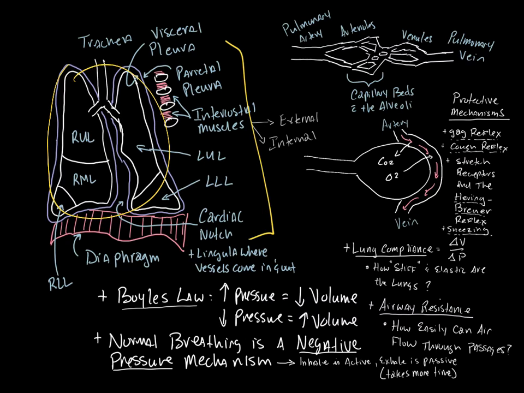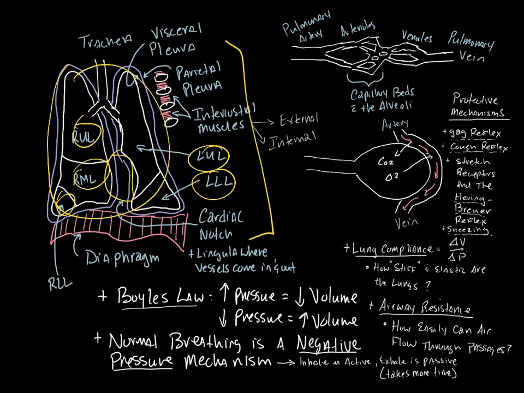All of the body cavities have this lining. Same thing with the lungs. We know that the lungs are divided into lobes and segments, and we know that you have 3 lobes on the right: the right upper lobe, right middle lobe, right lower lobe, and then you have 2 lobes on the left, left upper and left lower, and that's generally due to the position of the mediastinal cavity.